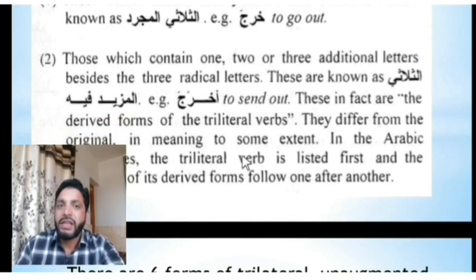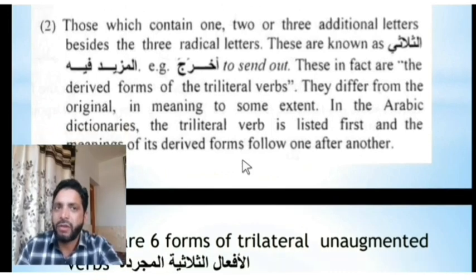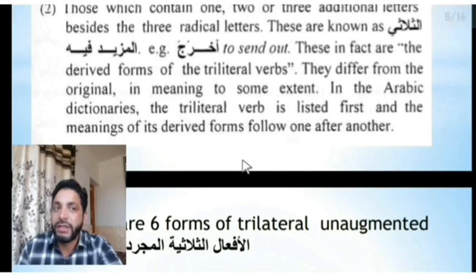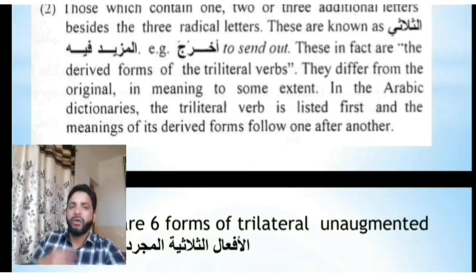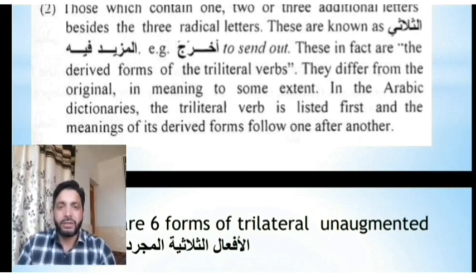These in fact are the derived forms of trilateral verbs. So these are basically derived. They differ from the original in meaning to some extent. In the Arabic dictionary, the trilateral verb is listed first, and the meanings of the derived forms follow one after another. What does this mean?